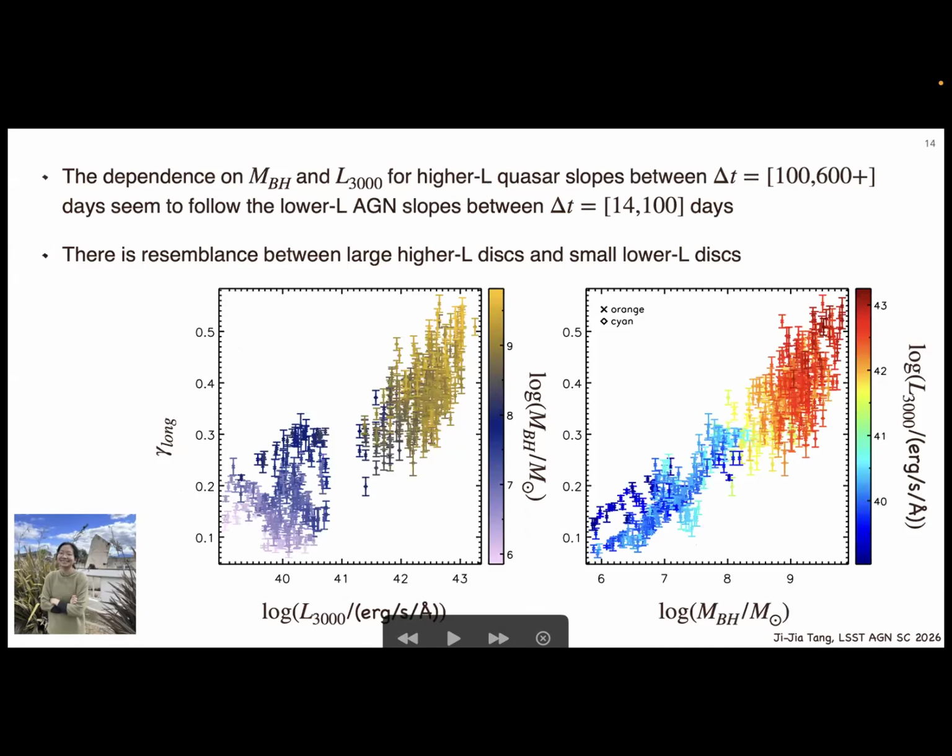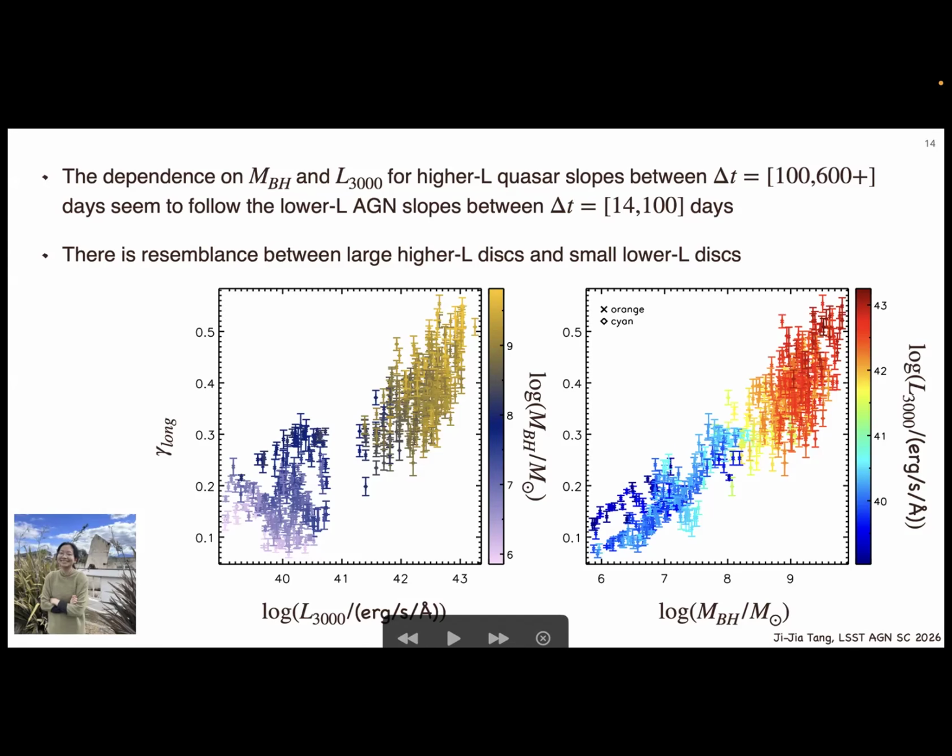So if I combine my data with her data, you can see my data is on the upper right and her data is on the lower left on both these panels. You can see the relation is kind of continuous, and this is quite surprising. My slope is measured above ΔT of 100 days, and her slope is measured below 100 days.